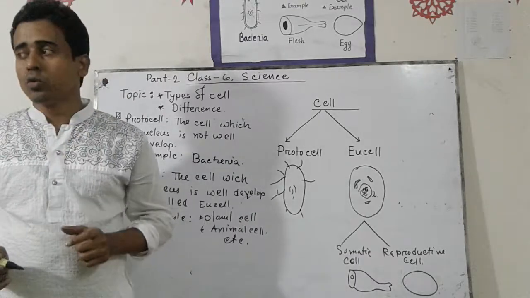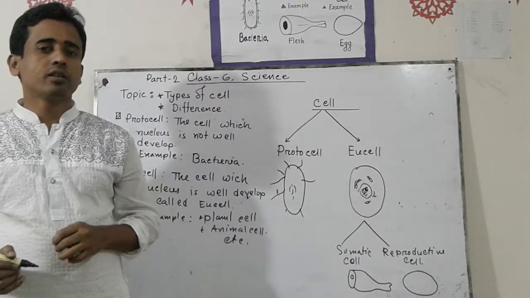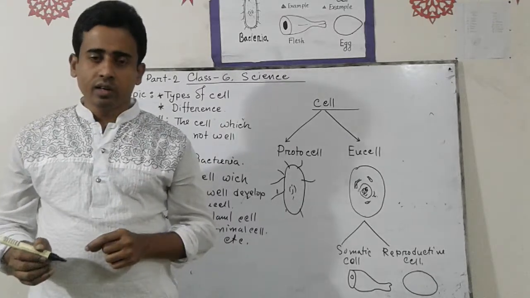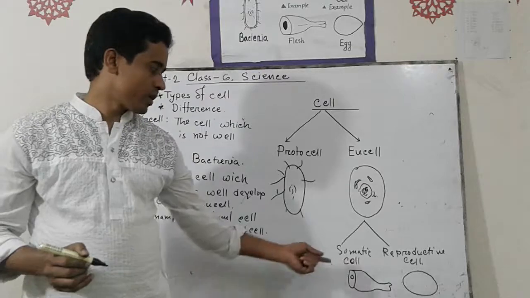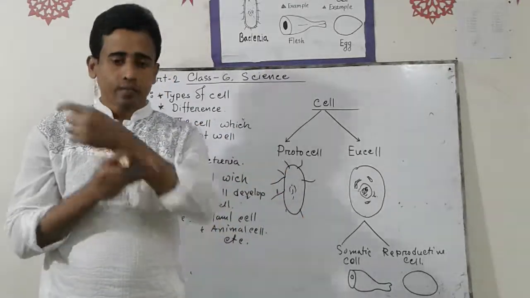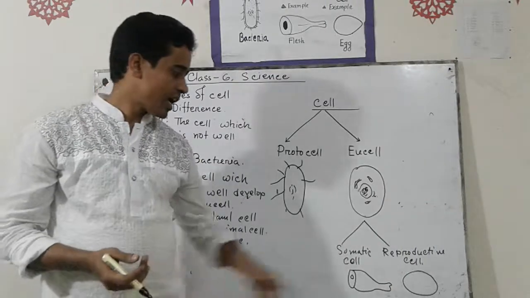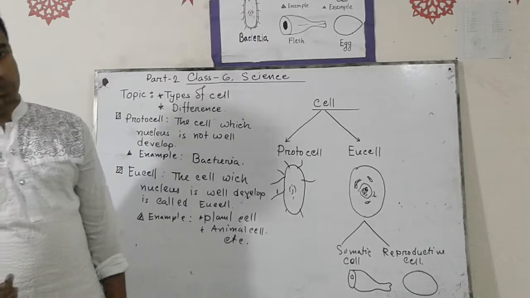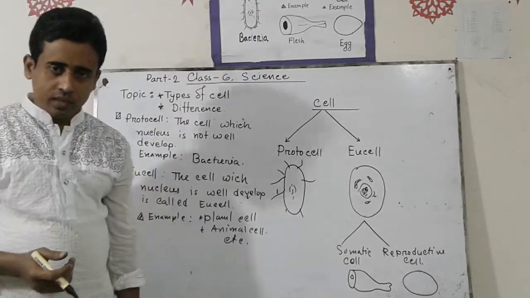Somatic cell, the cell which takes part in growth and development of our body. Like my flesh, all flesh is known as somatic cell, and the egg will be reproductive cell. Am I clear?